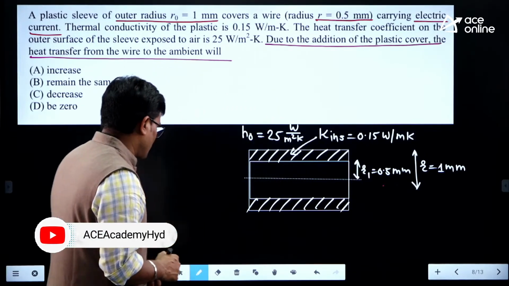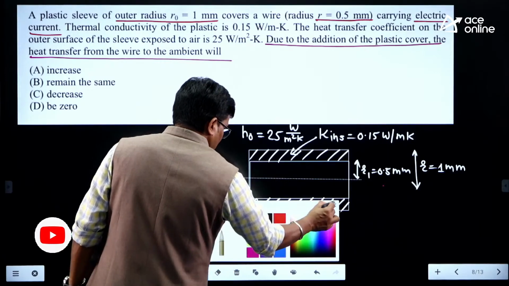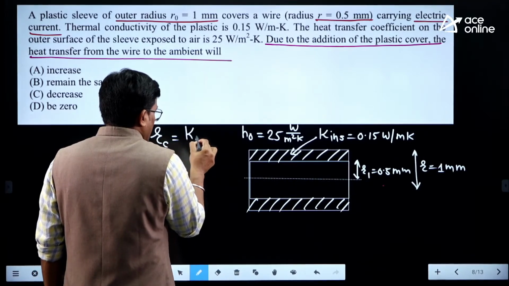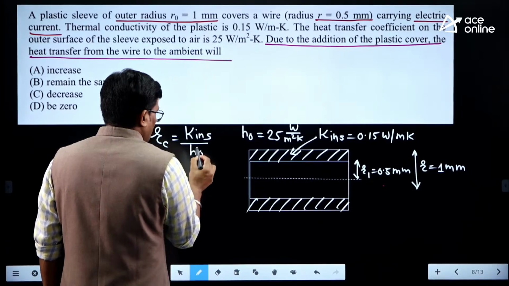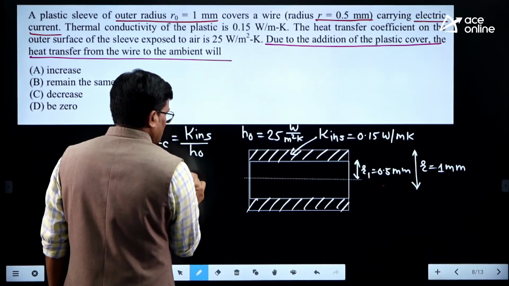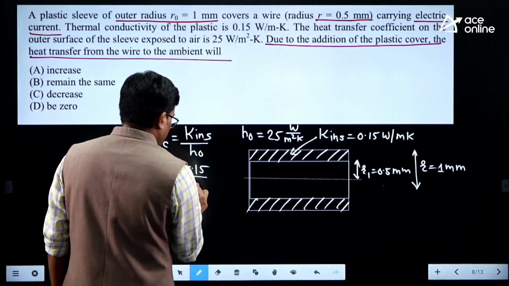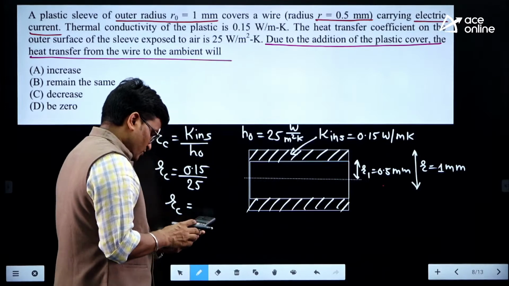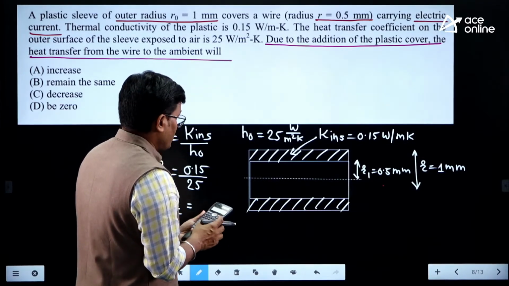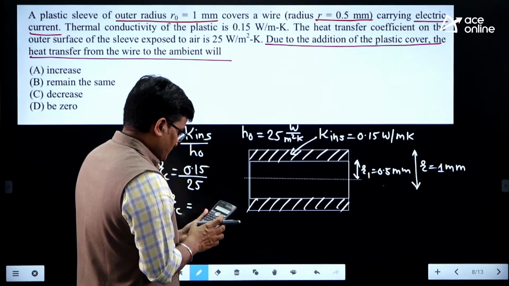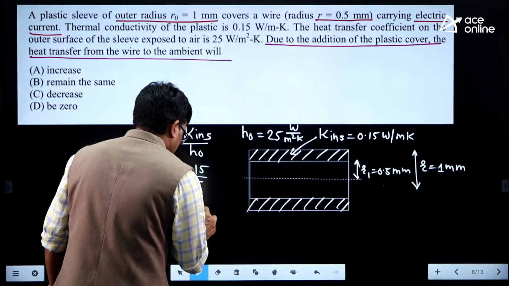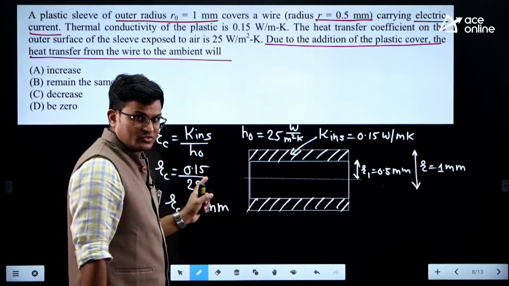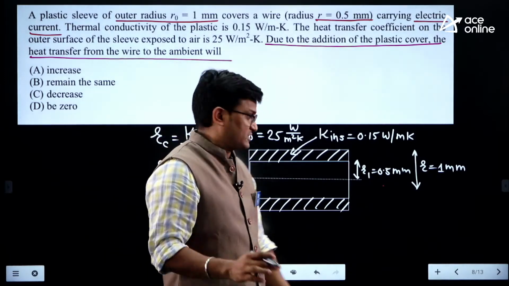Without wasting time, calculate RC first. RC is K insulation by H outer, that is 0.15 divided by 25. If I convert into mm, I get 6 mm. So RC is 6 mm.